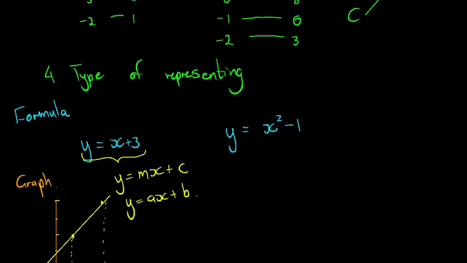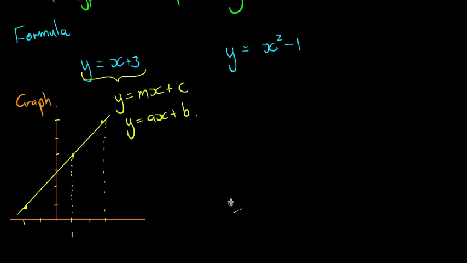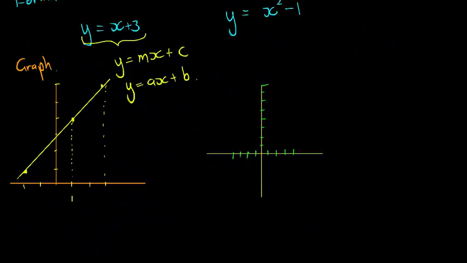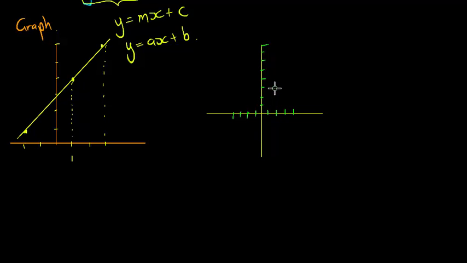This one is called the quadratic relationship because the relationship has that square in it. Okay, so if we draw the quadratic relationship, for example, we've got when x is 2, y is 3.